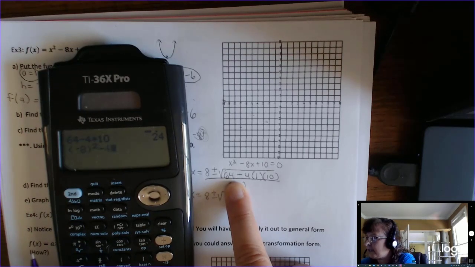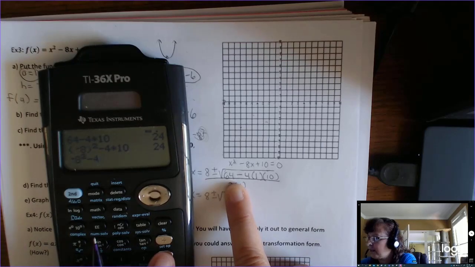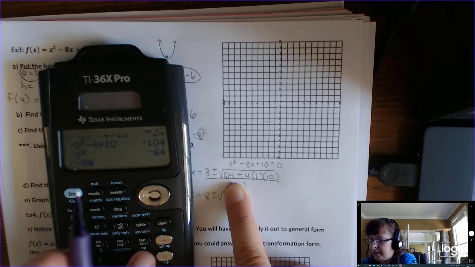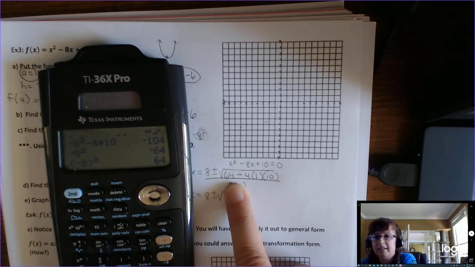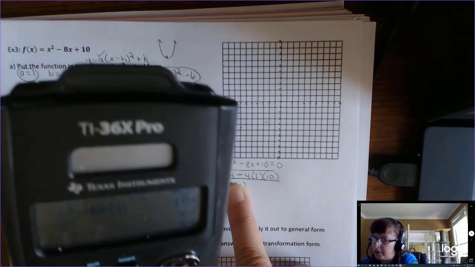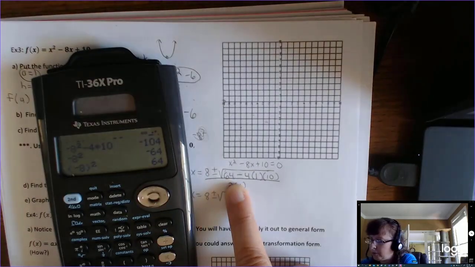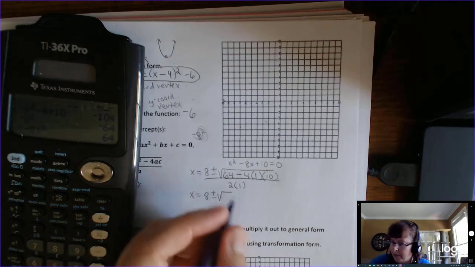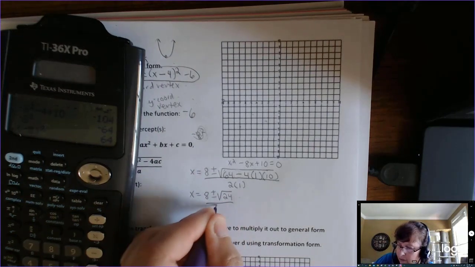Like I said, minus 4 times 10 gives me 24, but negative 8 squared minus 4 times 10 is going to give me the wrong answer, because negative 8 squared is negative 64. Negative 8 quantity squared is positive 64, so don't make that mistake. Anyway, we have 24 underneath the radical, all over 2.